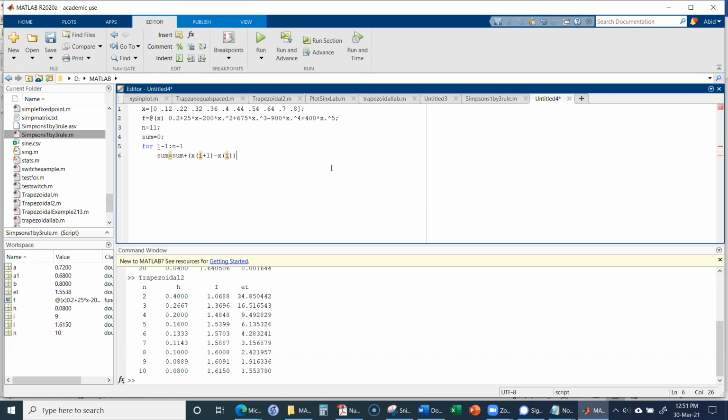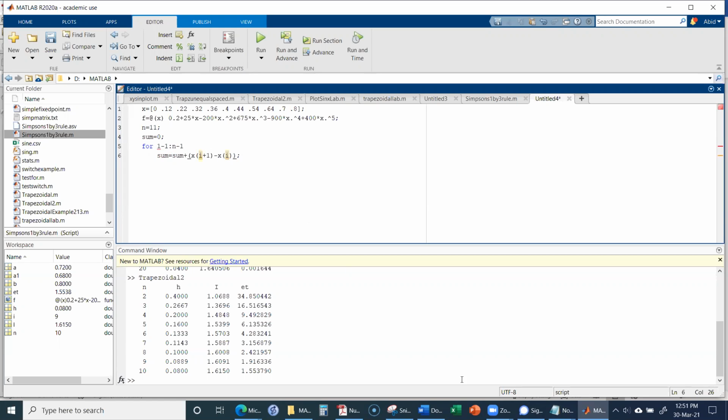So this is the width of the segment: xi plus 1 minus xi. This is the width of the segment h1.